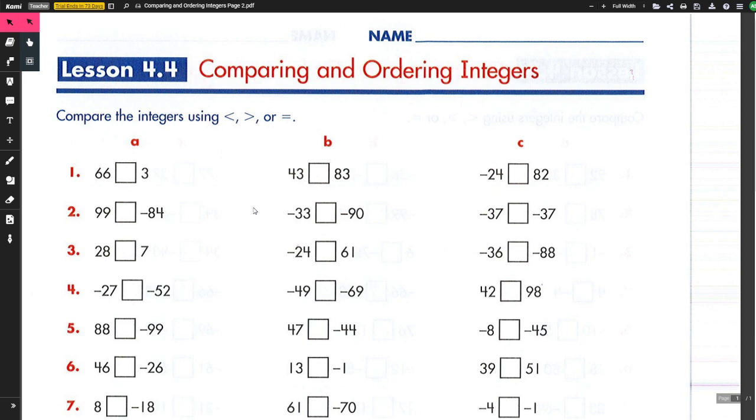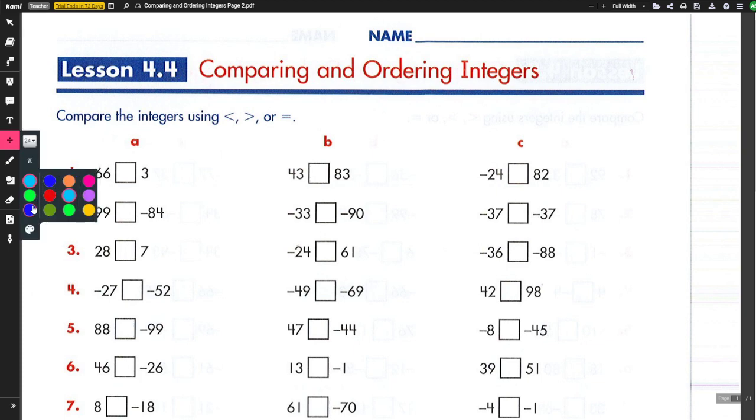Okay, so first up, we're going to start comparing. This is pretty easy. You can use the text box, the equation, or the drawing. Today I'm going to use the equation. Let's use orange. So they start you off with pretty easy ones. 66 is greater than 3.